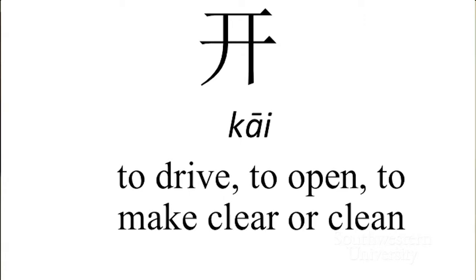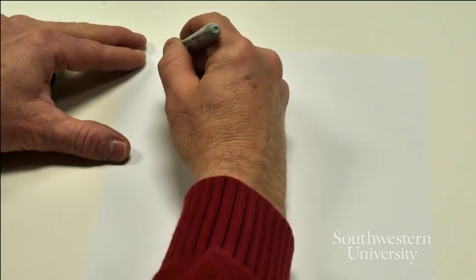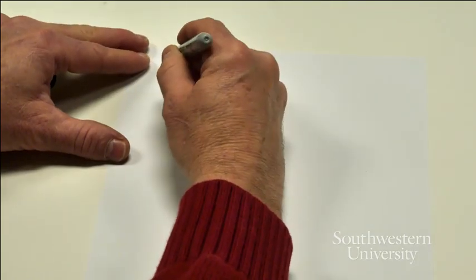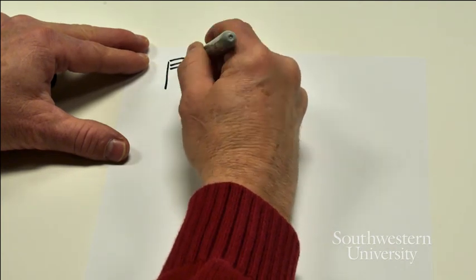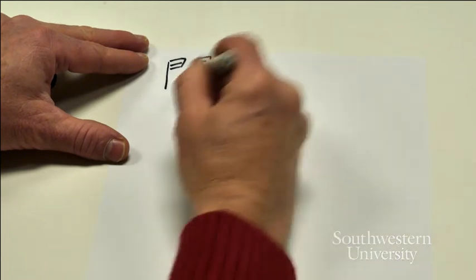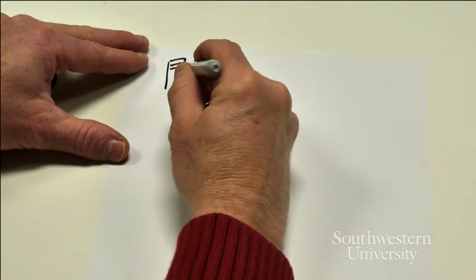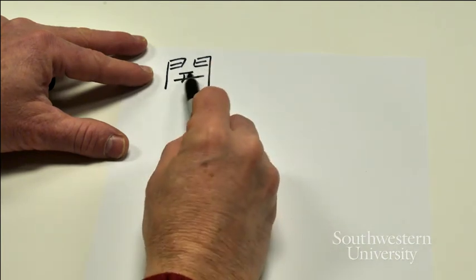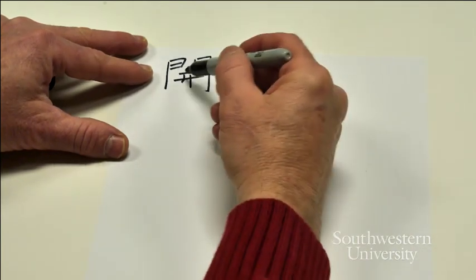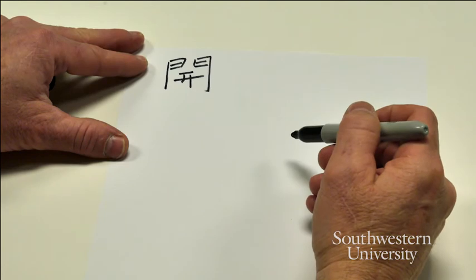Kai, the traditional form of this character depicts a doorway, and this was anciently two hands reaching up to remove the bolt on the door.